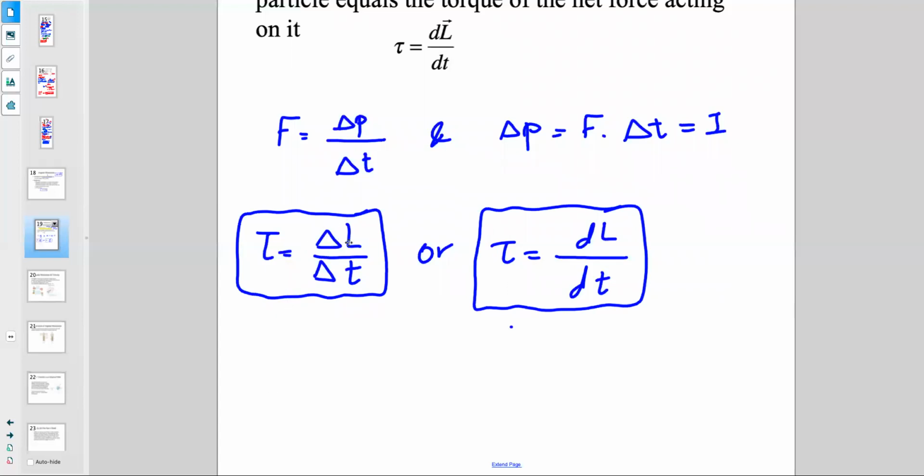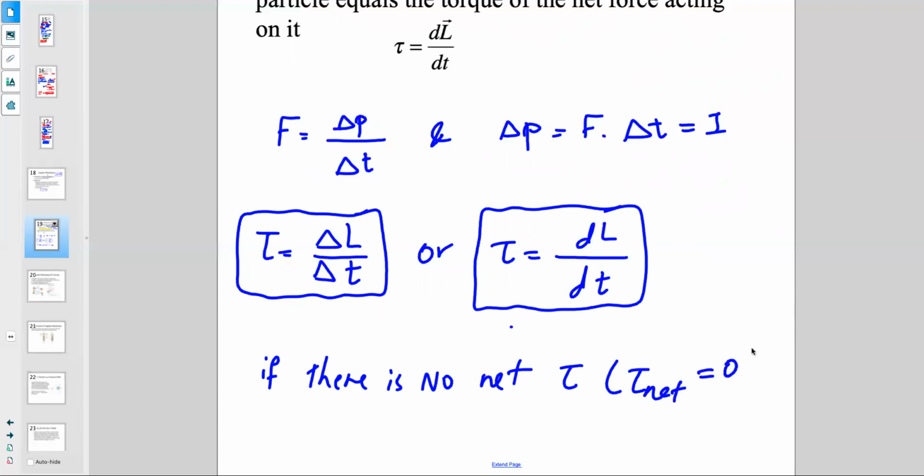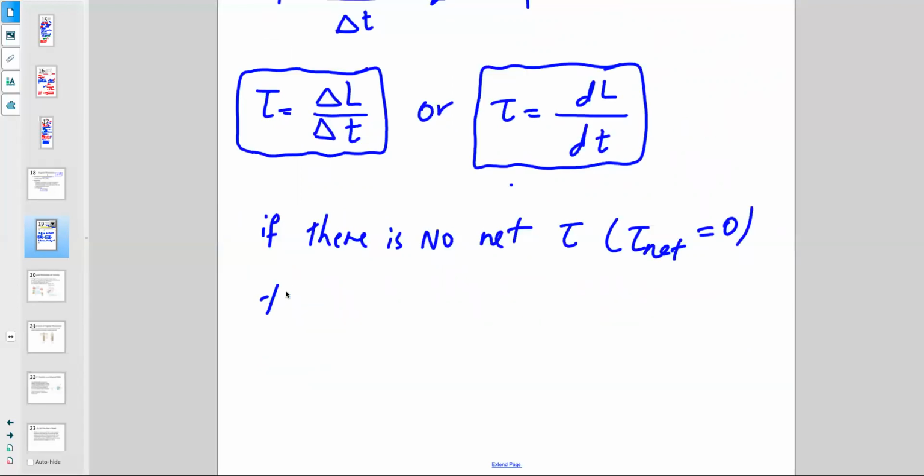In other words, if there is no net torque, or the net torque is 0, then delta L should be 0, and that means L1 should be equal to L2, or L initial should be equal to L final.